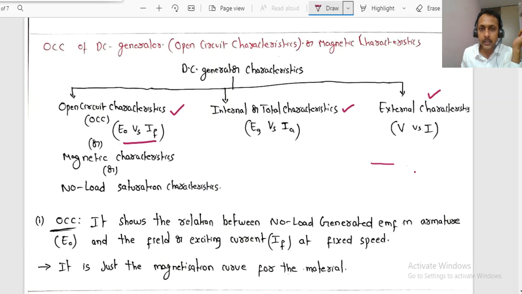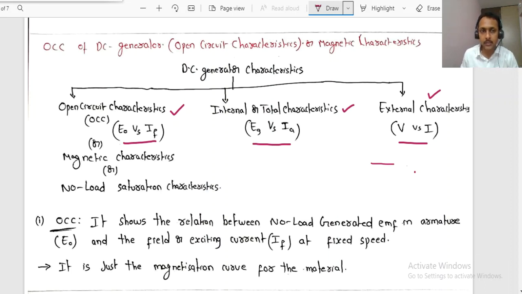If it is internal or total characteristics, the graph is plotted between EG versus IA, where EG is the generated EMF and IA is the armature current. If the graph is plotted between V versus I, where V is the terminal voltage and I is the terminal current, it speaks about the external characteristics.